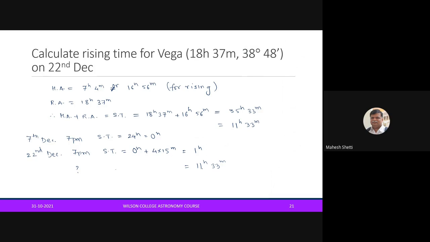See, it is after 10 hours, right? After 10 hours of 7 p.m., how much is the time? The difference is plus 10 hours 33 minutes. 7 p.m. plus 5 hours gives you midnight. So it is 5 hours 33 minutes. Right? Is this fine? Yes. In the morning, 5 hours 33 minutes, Vega will be rising.